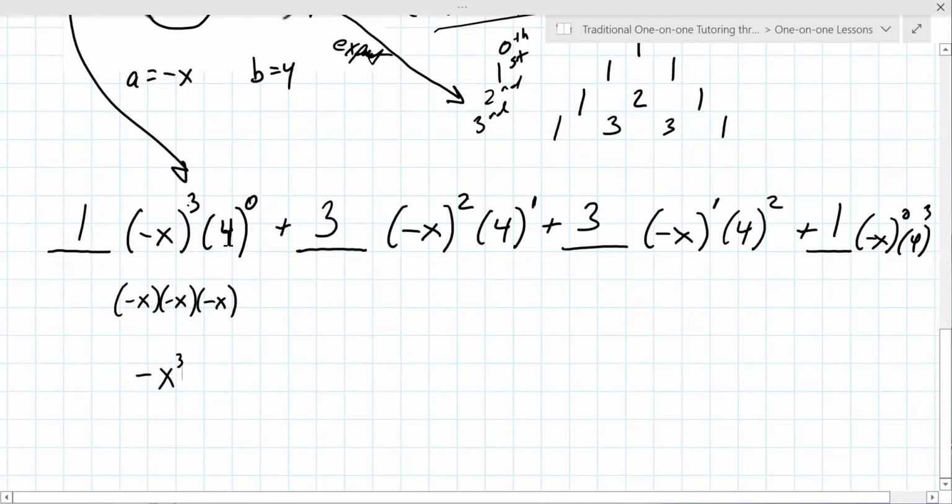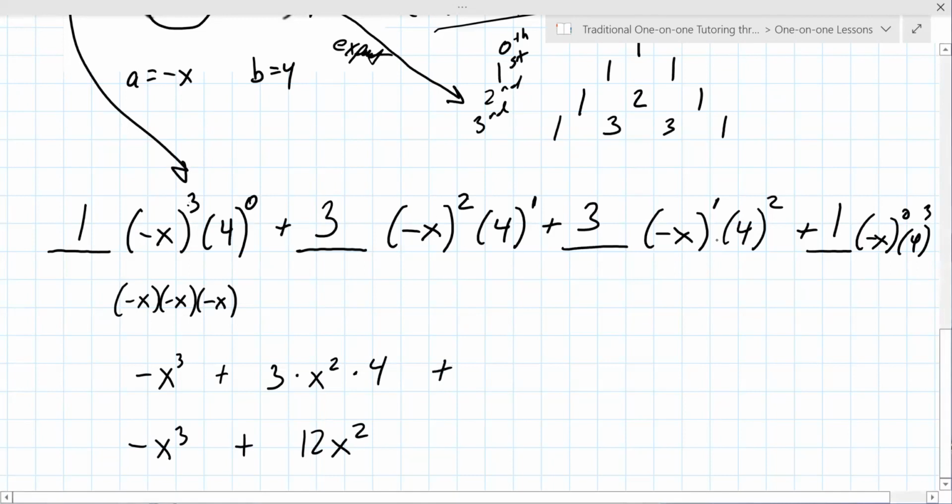So the first one is usually not that bad. Same with the last one, but you just go in order here. So plus 3 times, so negative x squared, negative times a negative is positive, x squared times 4. So minus x cubed plus 12x squared. Then we go to the next one.